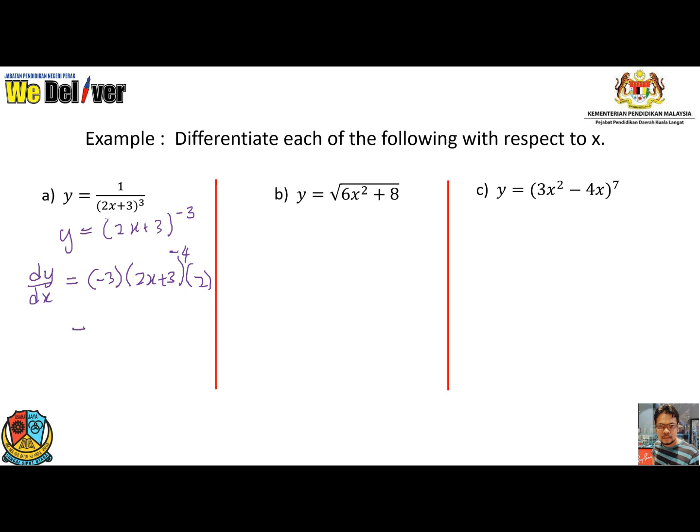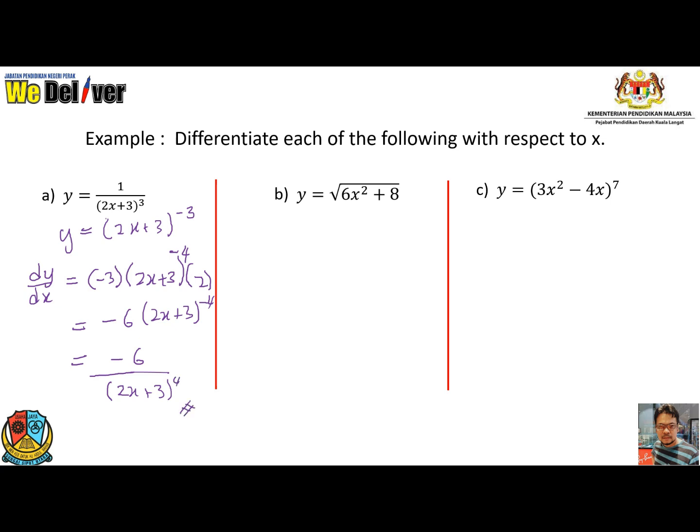And then simplify, you get -6 times (2x + 3) to the power of -4. Use the law of indices, you get -6 over (2x + 3) to the power of 4.